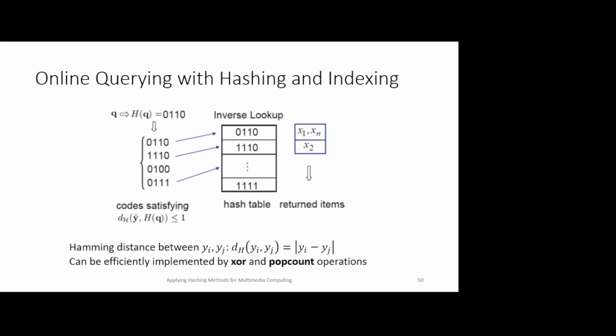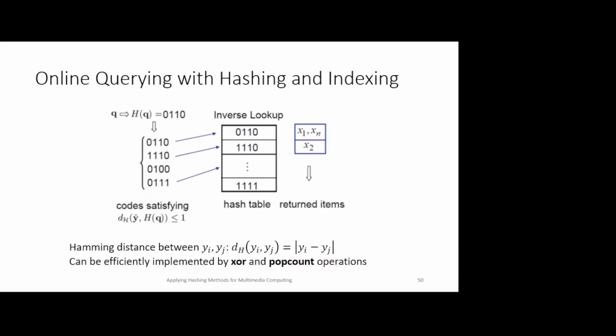In general, such a hash-based representation and index structure is very efficient, because for computing the Hamming distance you can just use XOR and the population count. Population count counts how many bit 1s appear in your binary code.